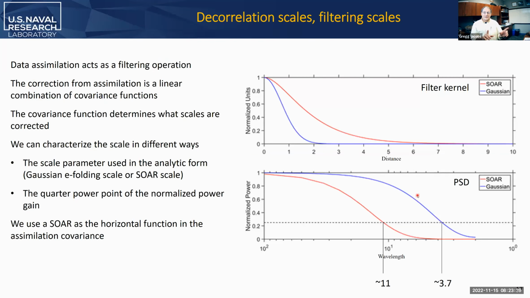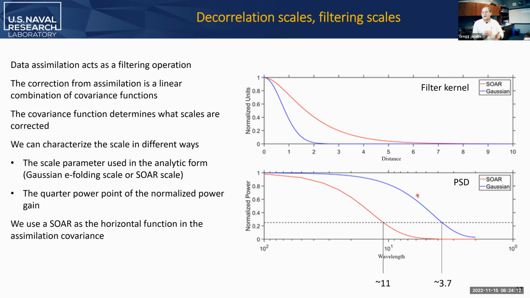But before we do that, a little diversion into some data assimilation esoterica. The data assimilation is very much a filtering operation. Why is that? If you parse through the equation for a 3D-Var or a 4D-Var, basically the correction the data assimilation is computing is a linear combination of covariance functions. So the character of the correction to the model is going to look like the character of these covariance functions.